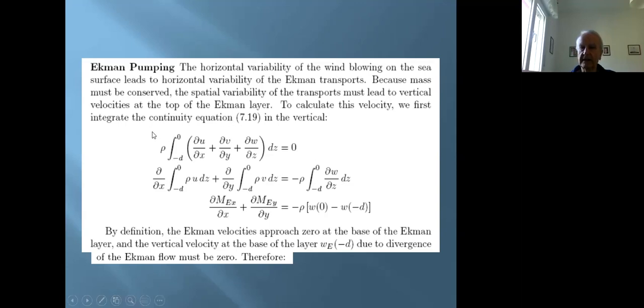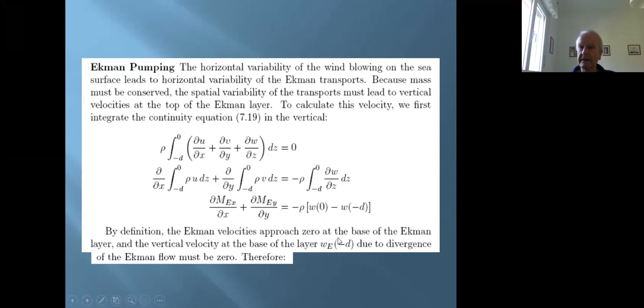Now we do some little manipulation, and we obtain that dMEx, the derivative of the Ekman layer transport in the x direction, plus the derivative of the Ekman layer transport in the y direction, is equal to the vertical velocity at the surface minus the vertical velocity at the base of the Ekman layer.